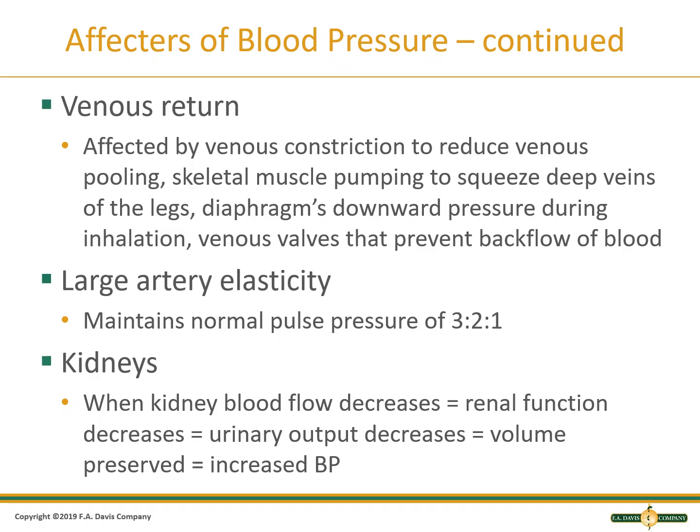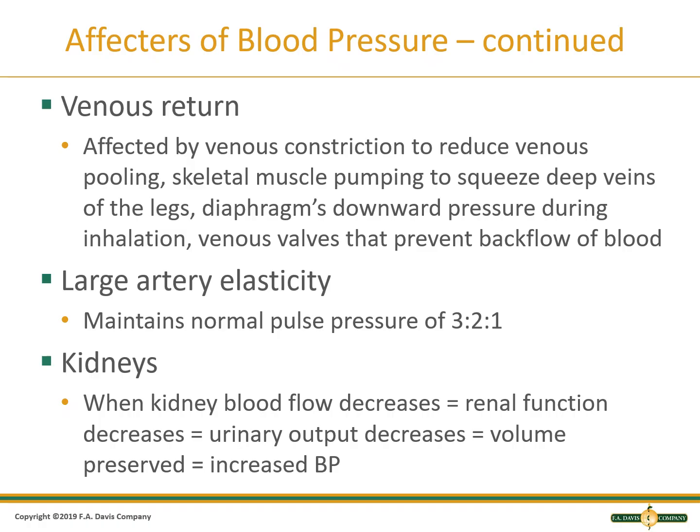That venous return is how much blood is coming back from the body to the heart, to circulate to the lungs to pick up oxygenation. So venous return affects blood pressure too, and several things can affect venous return.